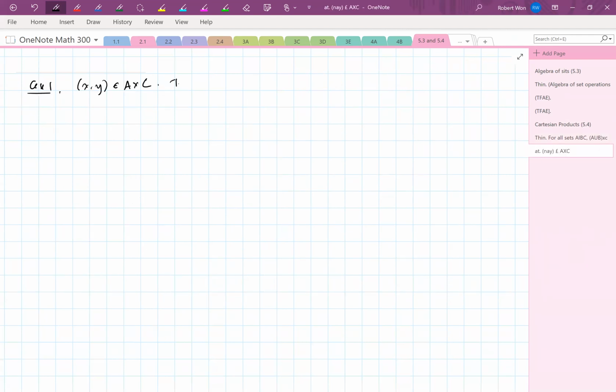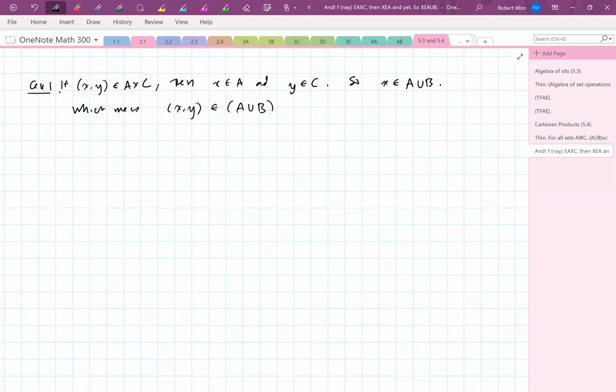But by definition, if this, then x is in A and y is in C. So x is certainly in A union B, which means that x comma y is in A union B cross C. Okay, case 2.